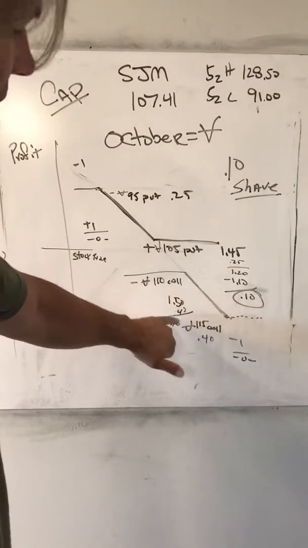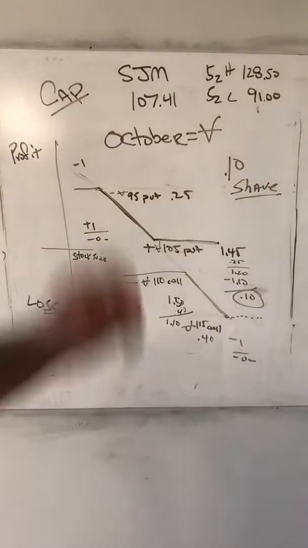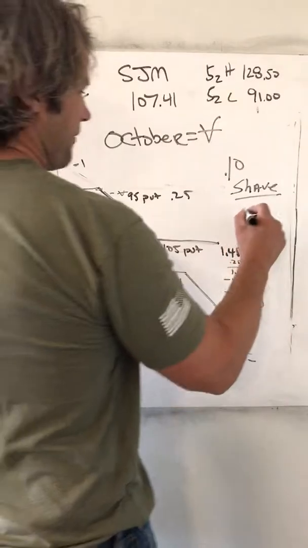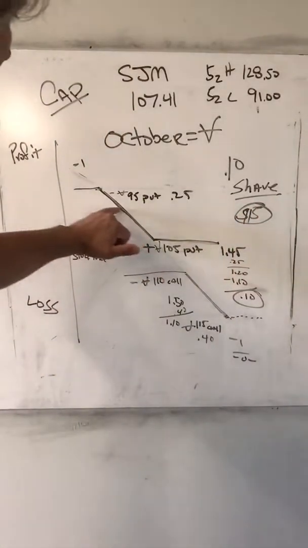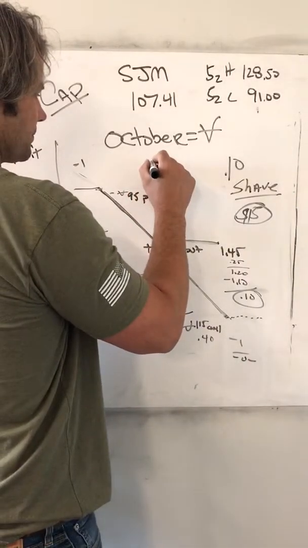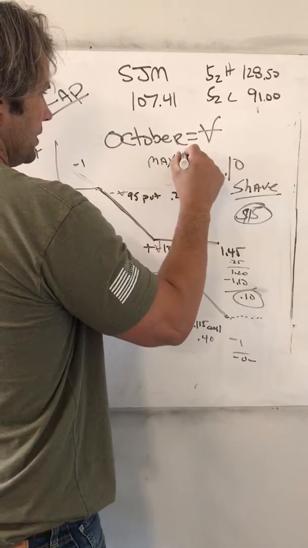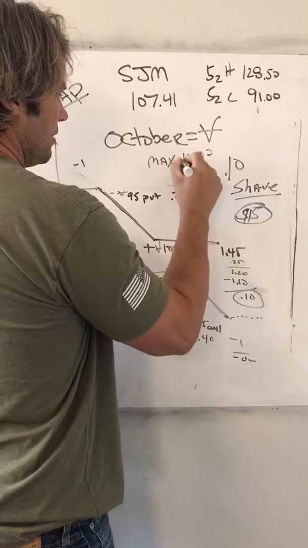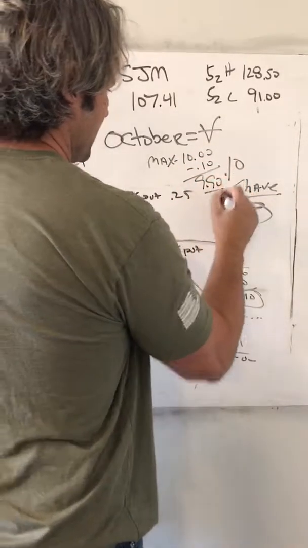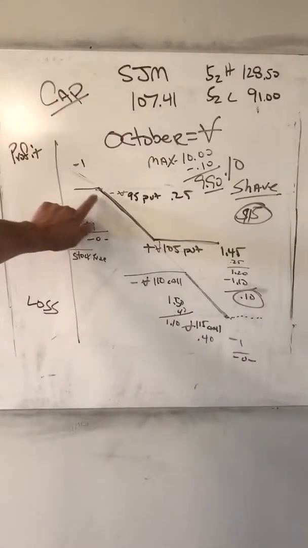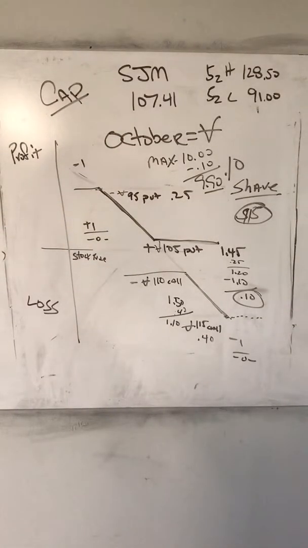With the 110 call versus the 115 call, that's $5, right? So I have $5 of risk per share, and I can make $10. My max profit is $10 less the 10 cents I paid, or $9.90. And that happens if Smucker's is below 95 in October.